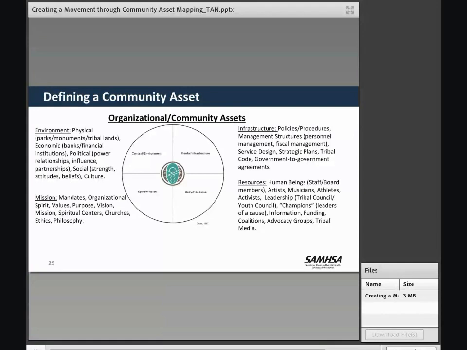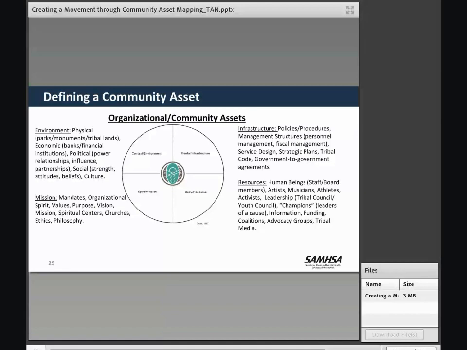So on the organizational or community level, in the environment quadrant, you see things like physical, so parks, monuments, tribal lands, economics, so banks, financial institutions, and culture. Then in infrastructure, these are policies and procedures, management structures, service design, and tribal codes.